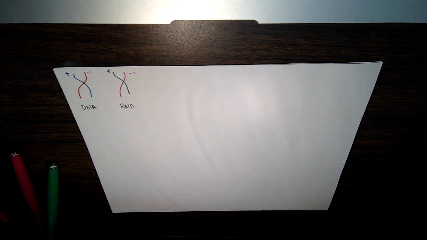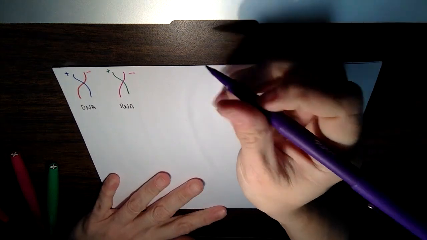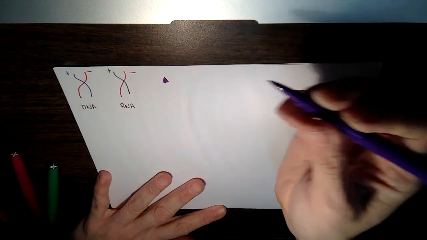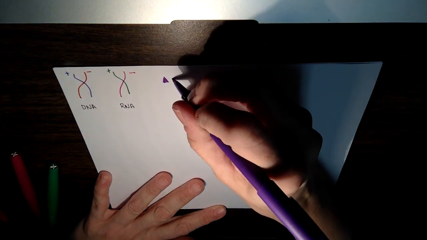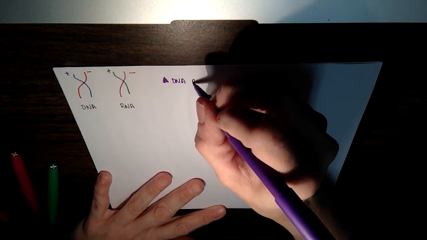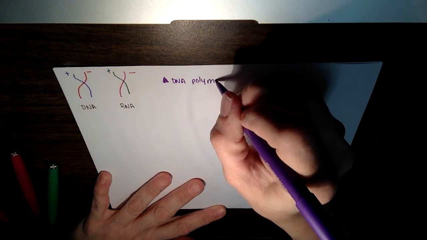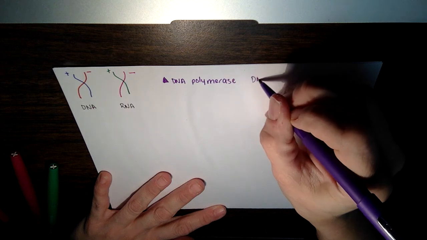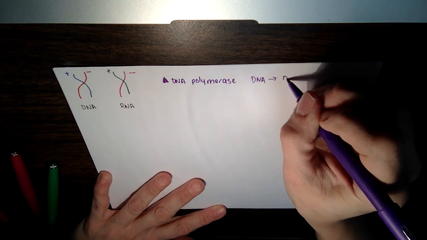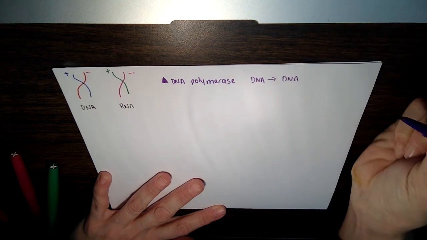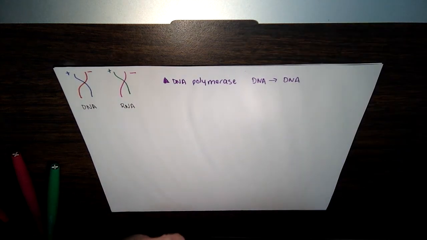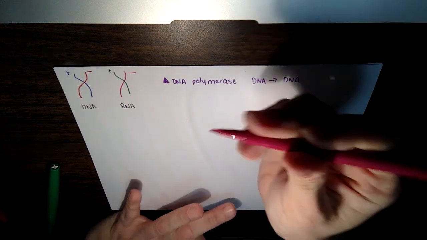So what enzymes are we going to be talking about today? I'm going to do a little triangle, and that is going to be DNA polymerase. And remember, a DNA polymerase takes a DNA strand and it makes another DNA strand. So if you want to go from DNA to DNA, you use DNA polymerase. We also have an enzyme.